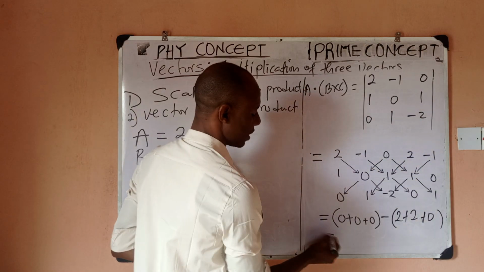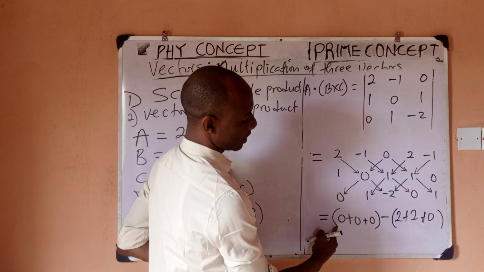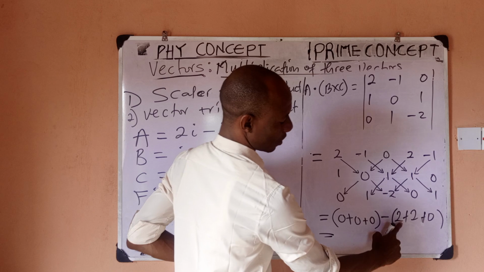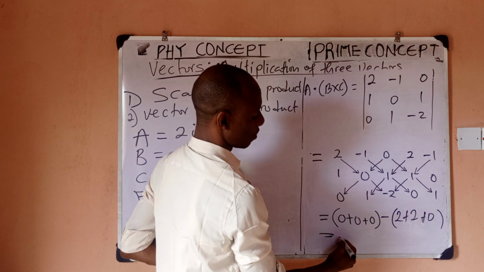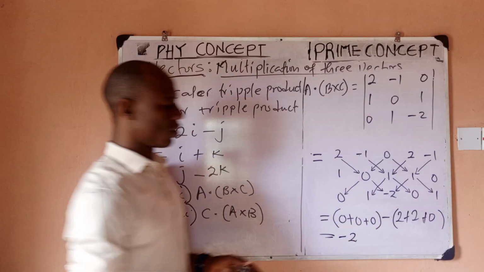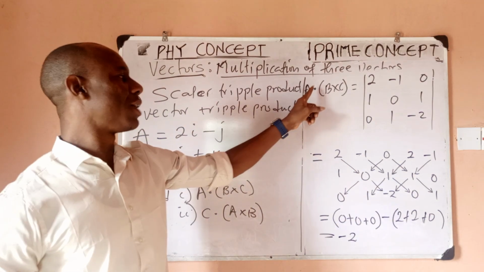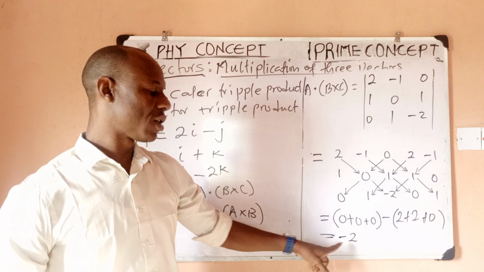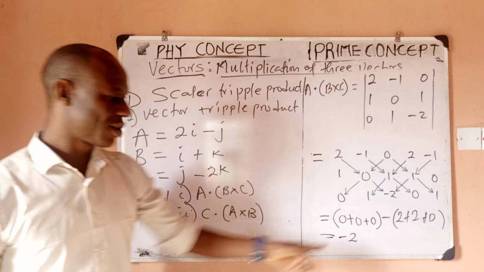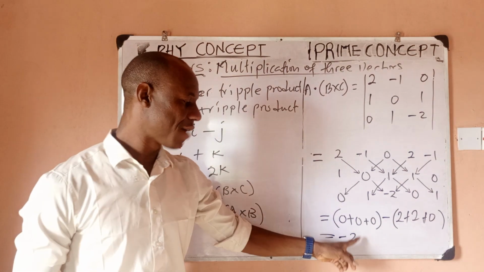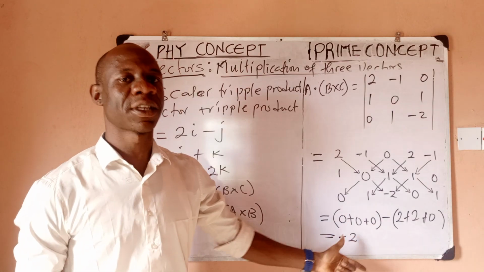This first part is 0, I don't have to write it. So 2 plus 2 is 4, times minus, so my answer is minus 2. So A dot B cross C gives me minus 2. You can see that minus 2 is a scalar. It doesn't have I, nor J, nor K. It's a scalar.